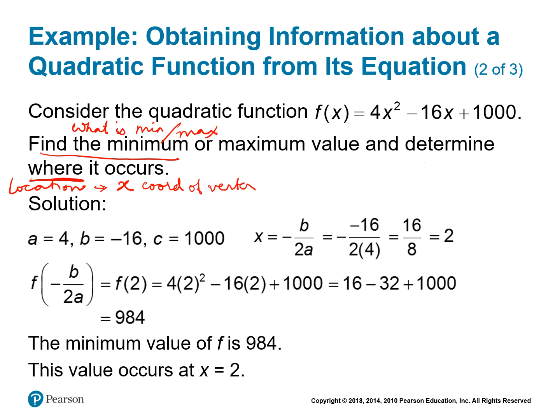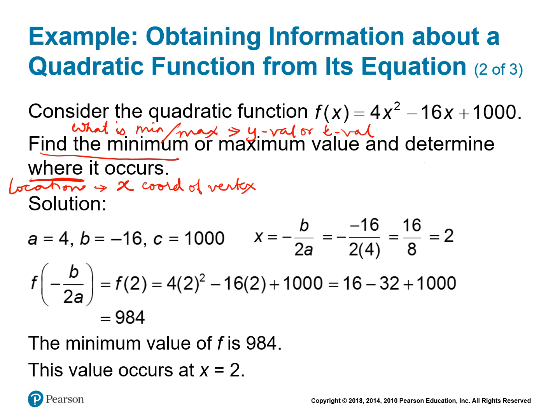All right. And if they ask you what is the minimum or maximum, then you're going to give them the y value, the y coordinate, the y value or the k value, which we use interchangeably. X, when we talk about the vertex, x and h are used interchangeably. All right. So how do we go about that?